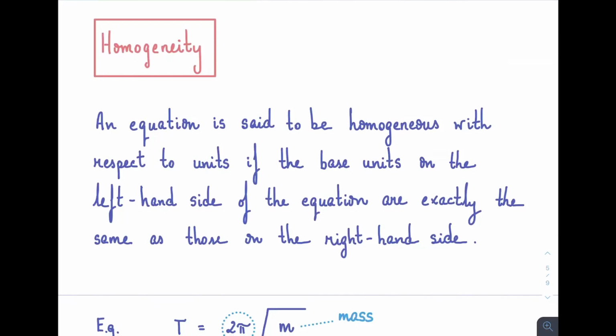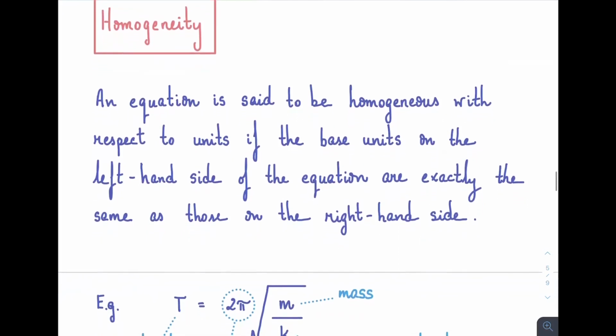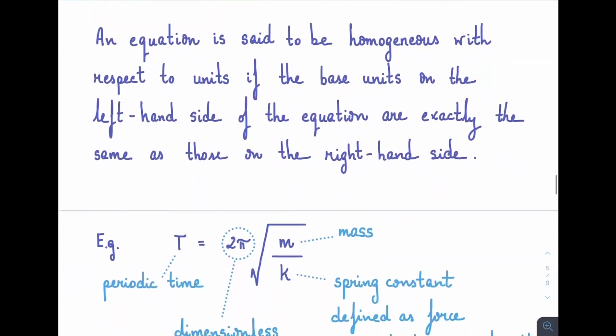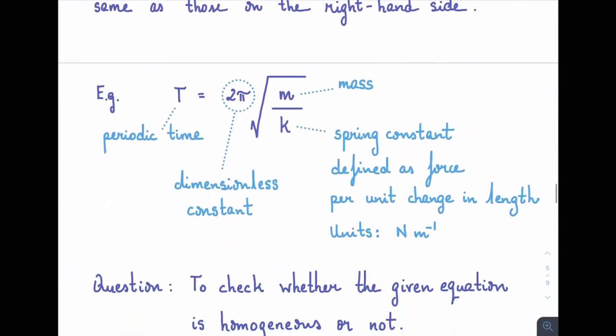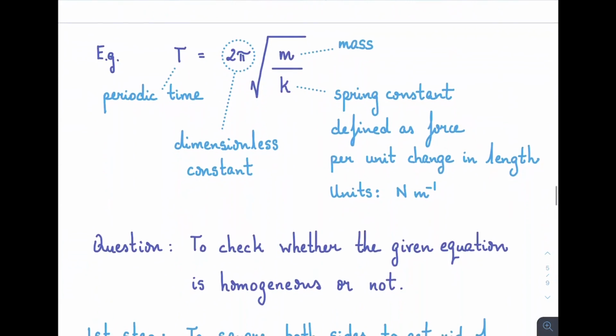You will encounter questions where you will be asked to check whether a given equation is homogeneous or not with respect to base units. This simply means finding out whether the base units are exactly the same on both sides of the equation.